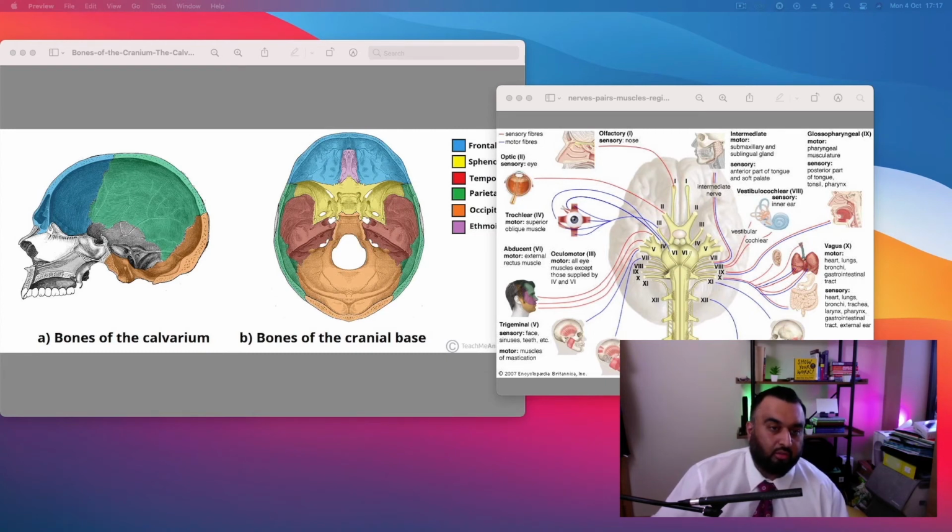So you've got the sensory branches, the functional sensory branches. The facial nerve exits the skull via the stylomastoid foramen, and it gives off many very important branches that we won't get into in too much detail in this video.